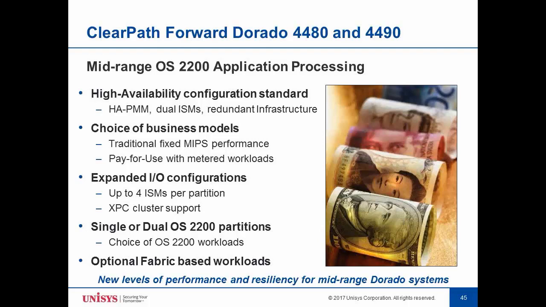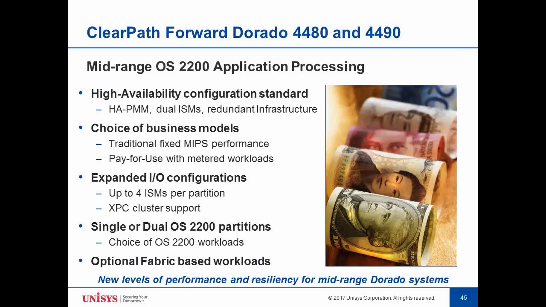The 4480 is the first model that we offer with the traditional fixed MIPS performance. Again, the 4470 is metered only. And as I said, you can have up to 4 ISMs per partition and XPCL capability with the 4480 and 4490. These models are also the first to introduce a dual partition capability.